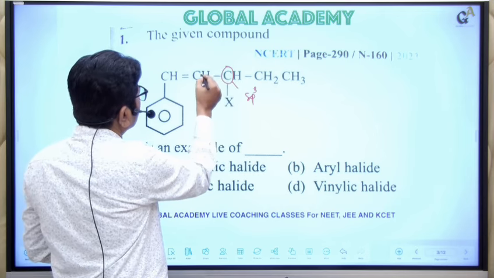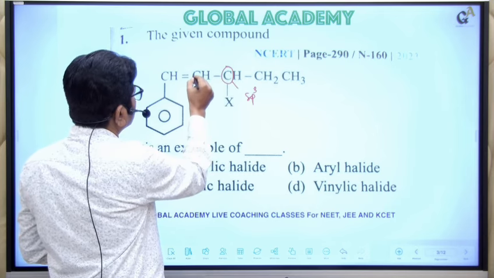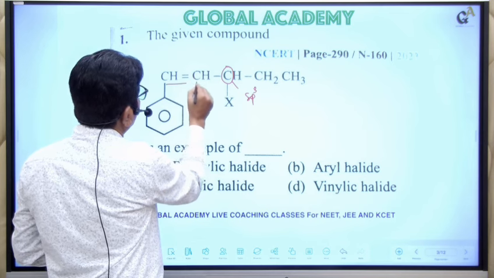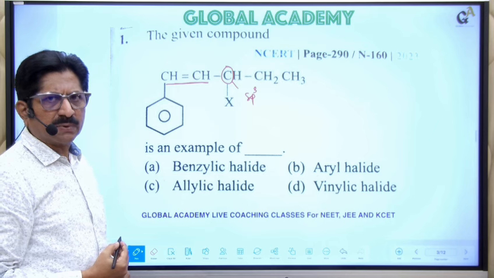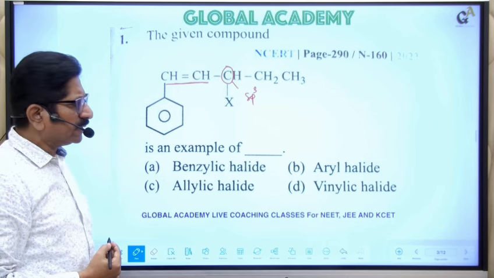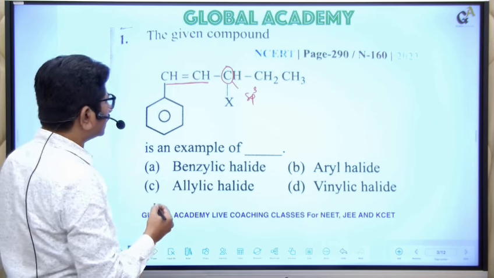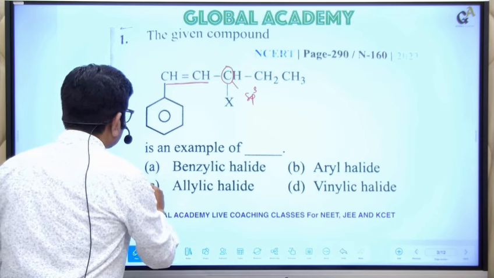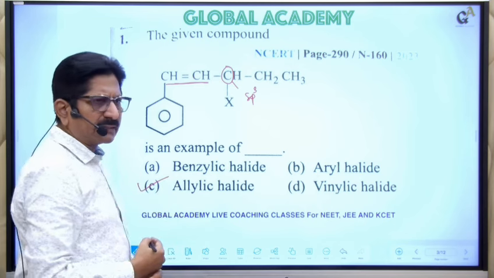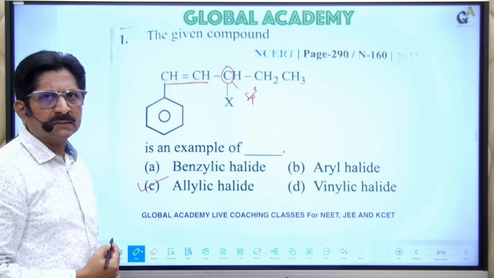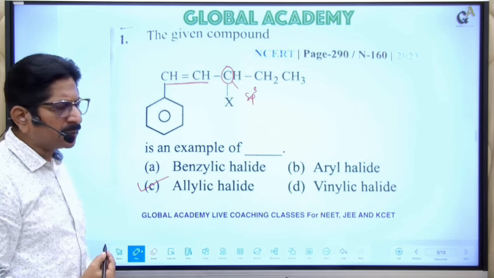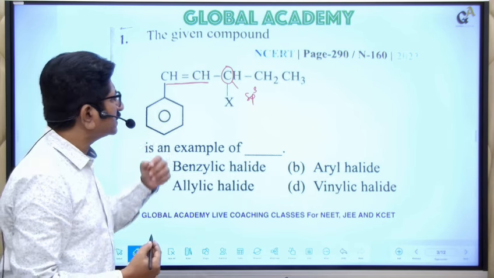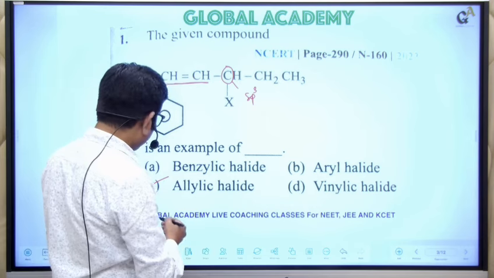To this carbon, the other carbon which is linked has a double bond. You have to see this carbon-carbon double bond, and because of that reason, the answer C is the right answer, and it is the allylic halide.